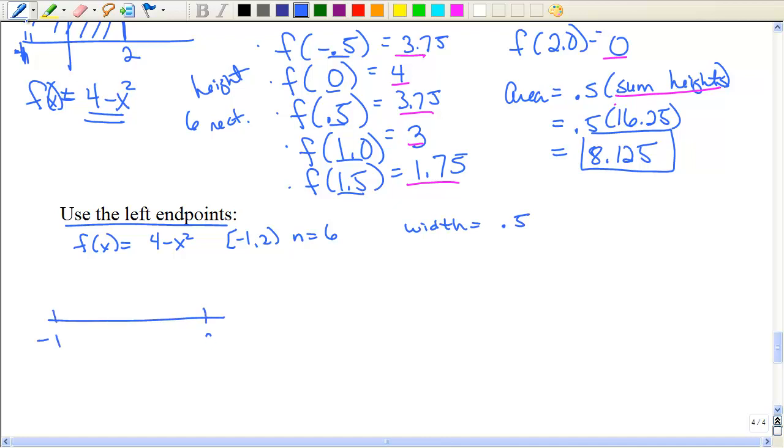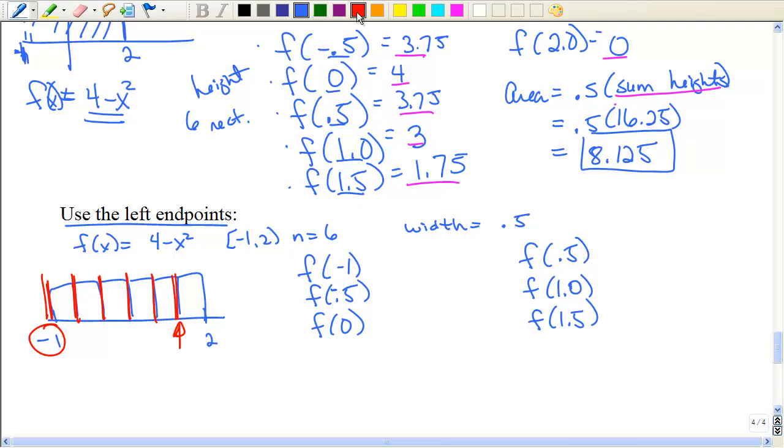But as we look at the number line and we talk about our 6 rectangles, 1, 2, 3, 4, 5, 6, and of course they're not all even, but just kind of counting out 6, and I want to use the endpoints on the left, that would be at -1, but it would not end at 2. We've got 1, 2, 3, 4, 5, 6 left endpoints.